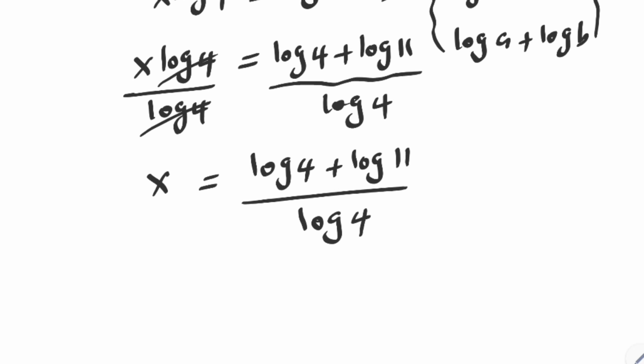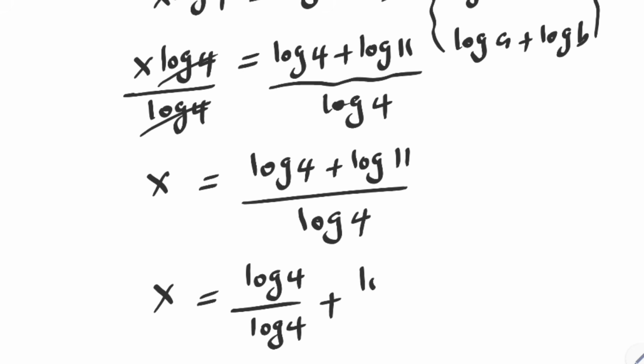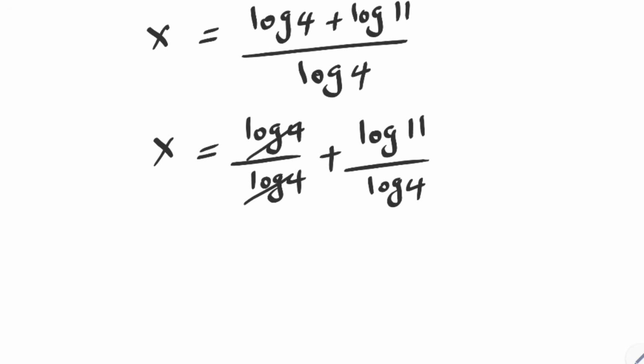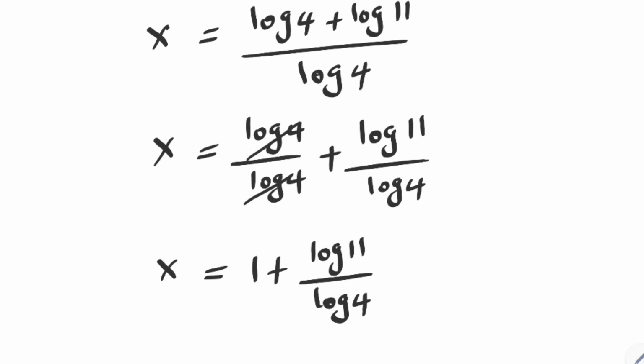We can split this. x is equal to log 4 over log 4 plus log 11 over log 4. This log 4 cancel this log 4. x is equal to 1 plus log 11 over log 4.